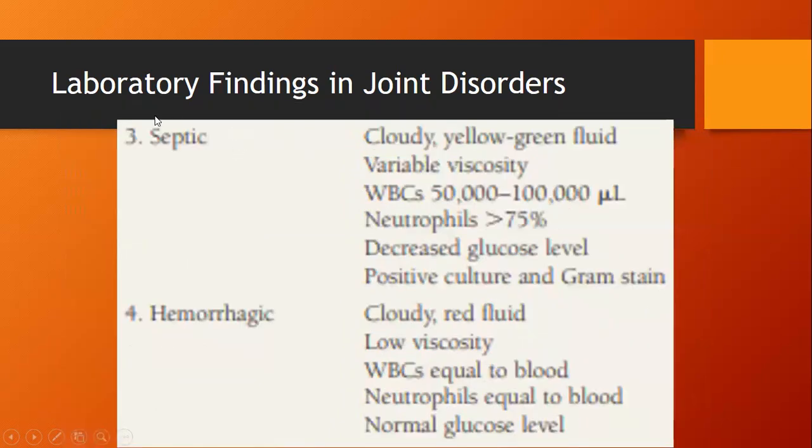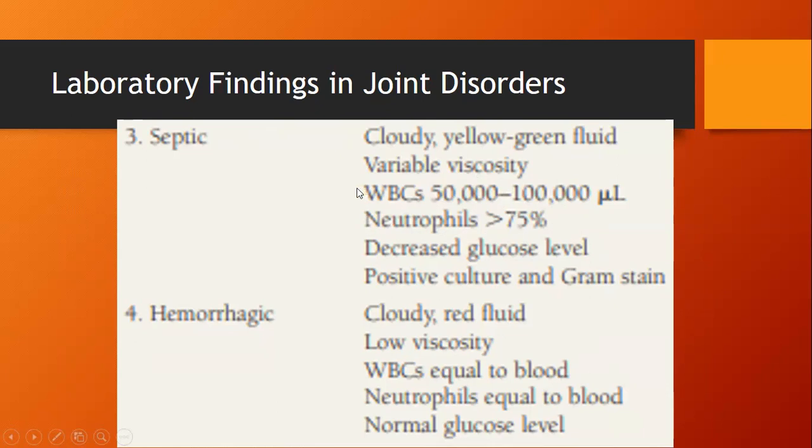Now, in septic joint disorders, you usually expect to see a lot of cellular elements, particularly WBCs reaching up to 100,000 cells per microliter, and a majority of these are neutrophils.